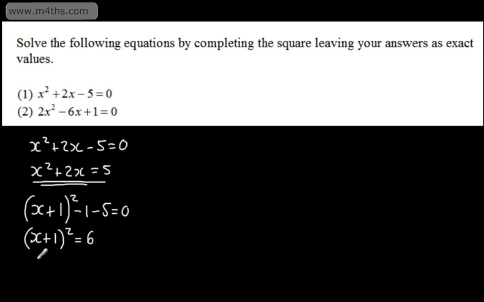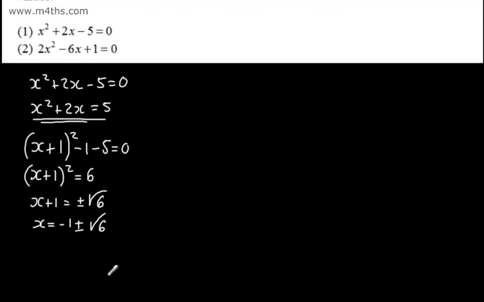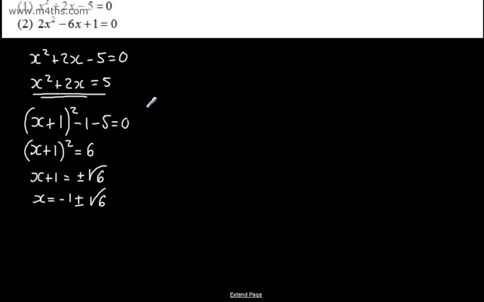At this stage, we take the square root of both sides, so x plus 1 will be equal to plus or minus the square root of 6, which is a surd value, or exact value. We subtract 1 from both sides, so we have x is negative 1 plus or minus the square root of 6. So negative 1 plus root 6, negative 1 minus root 6.